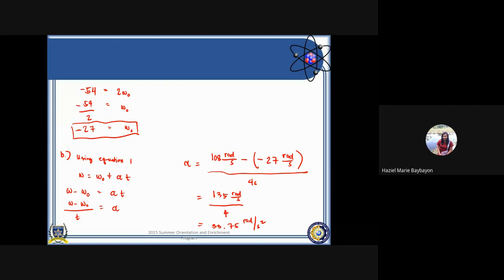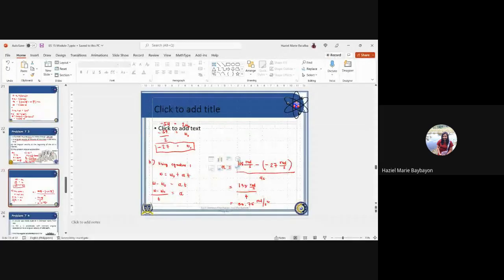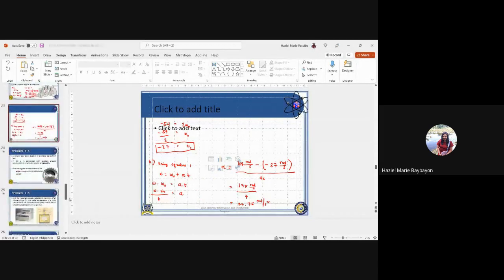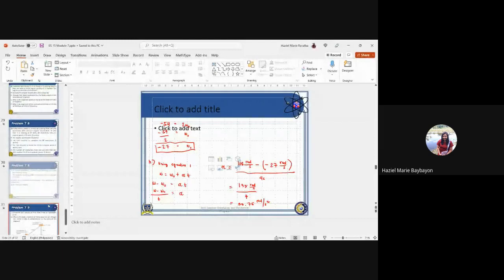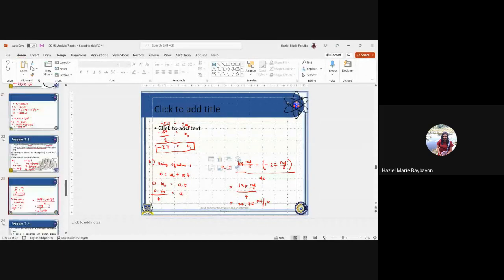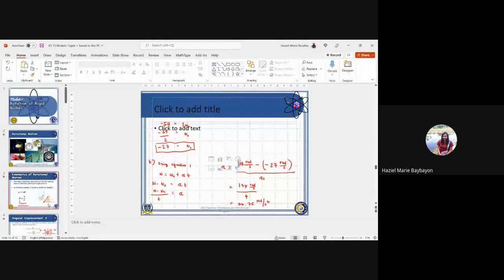This is how rotational kinematics work. Now, let's proceed to rotational dynamics, with examples in rotational dynamics. I will be sending you this slide for your reference.